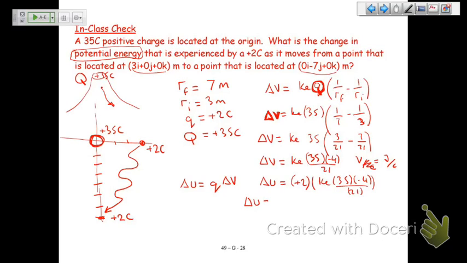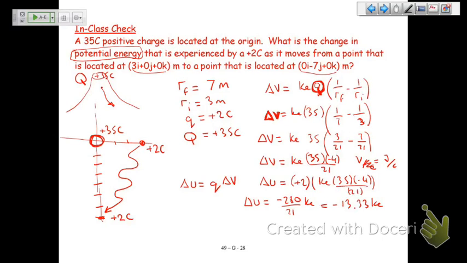So delta U is equal to, man, what's that going to be? 70 times 4 is 280. That's minus 280 over 21 KE. If I did that right, got my calculator with me. 280 divided by 21 equals 13.33. So minus 13.33. And what the unit's going to be?